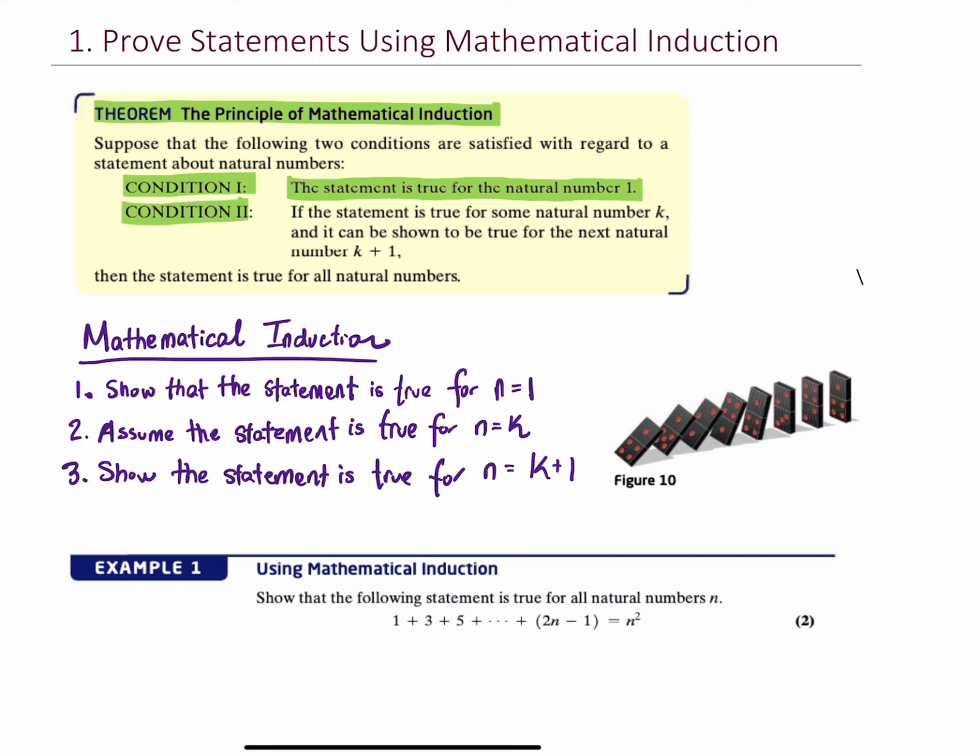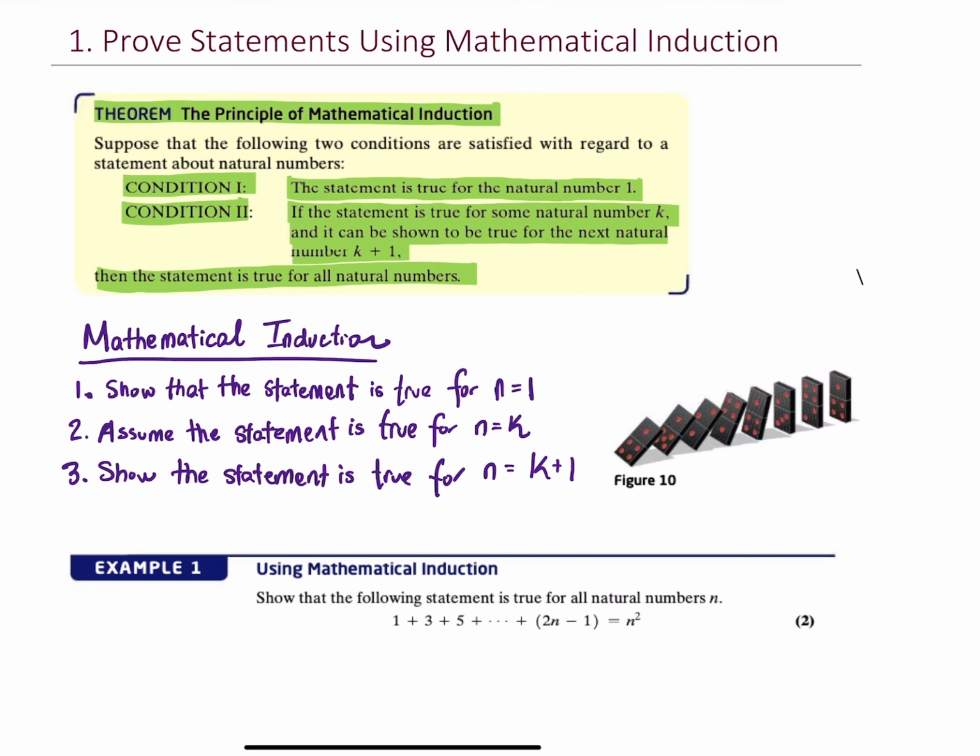Condition 2 says, if the statement is true for some natural number k, meaning we'll assume that the statement is true for some general term k, when n equals k, and it can be shown to be true for the next natural number k plus 1. If both of these things are true, then the statement is true for all natural numbers.